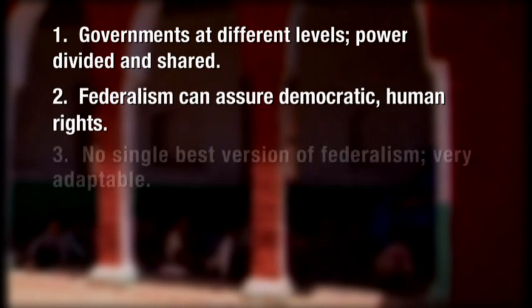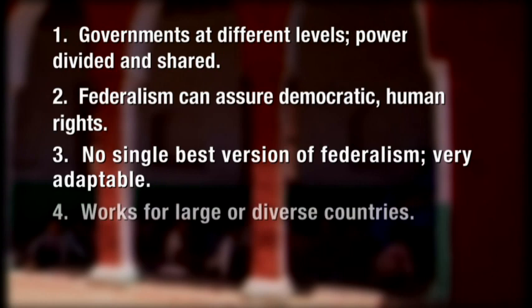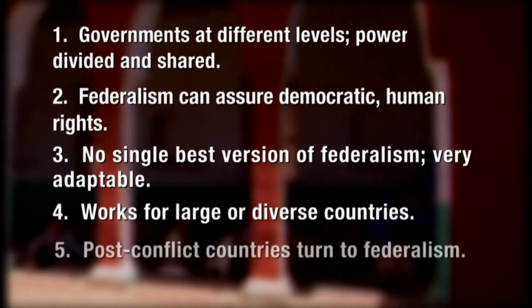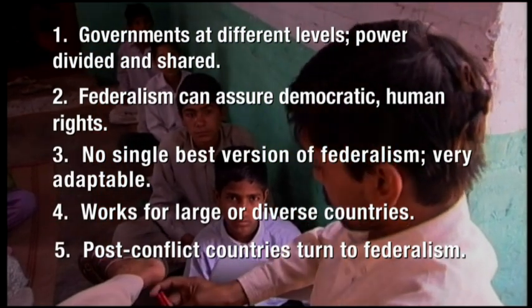There is no single best version of federalism, and therefore it is very adaptable. Federalism is an appropriate system of government in countries with a large population or large territory, or very diverse populations. Federalism is a system of organizing government being turned to by many countries in post-conflict situations as a means to achieve stable governance.